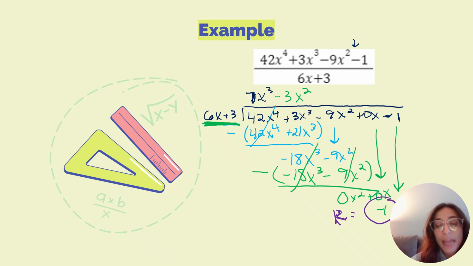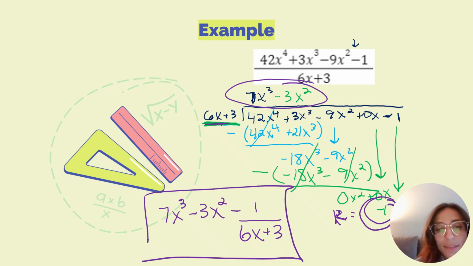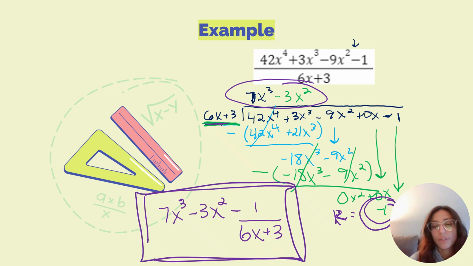So when I write my answer, it's this part up here, 7x cubed minus 3x squared. And then I do my remainder over my divisor, what I was dividing by. So 6x plus 3. And this is my answer when I do long division, right?